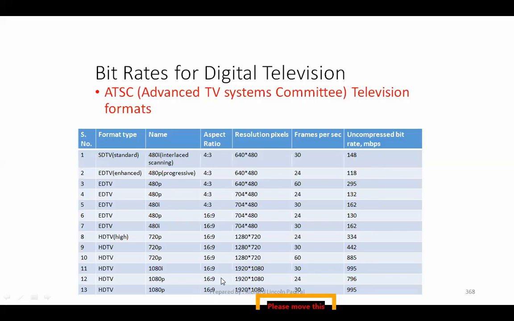Can someone tell me what is the latest aspect ratio in the market? You know what an aspect ratio is?